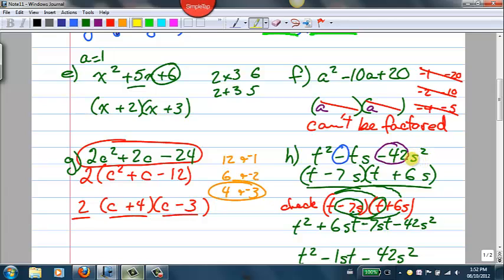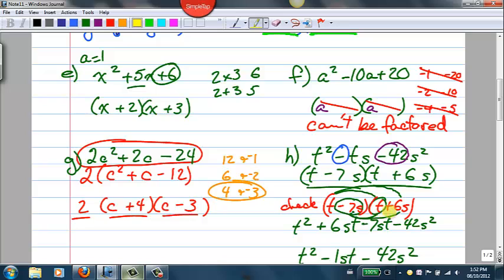Now a lot of people ask, yeah, but what about the t's? So let's just check this one, just to make sure that you can see where the t's come from. If I go t times t, I get t squared. T times 6s, I get positive 6st if I write it in alphabetical order. And negative 7s times t, I get negative 7st.